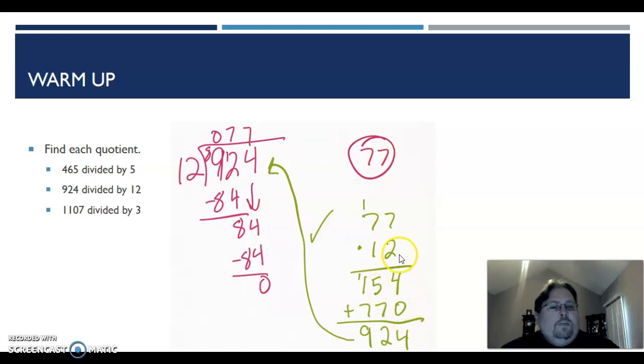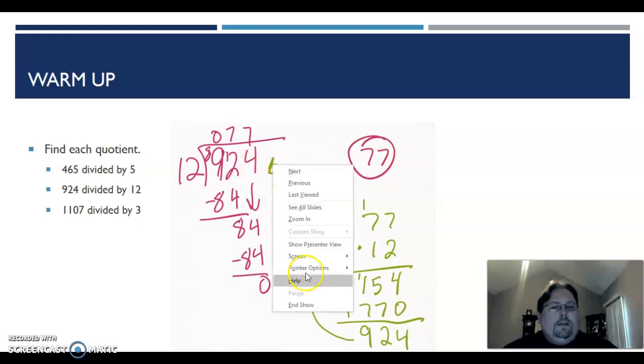I add my 0 placeholder because I'm done with that 2, and I'm looking at my tens place. Then I take that 1 and multiply it by everything up top. So 1 times 7 is 7. 1 times 7 is 7. I add these together. I get 4 plus 0 is 4. 5 plus 7 is 12. 2 carry the 1. 1 plus 7 is 9. That matches what we initially started out with as our dividend, so this is correct.